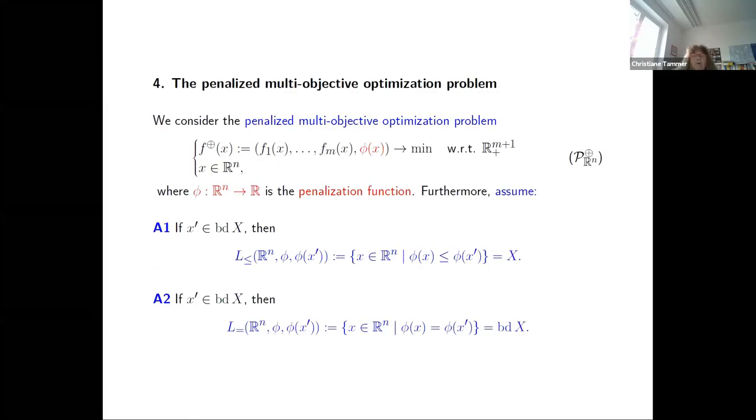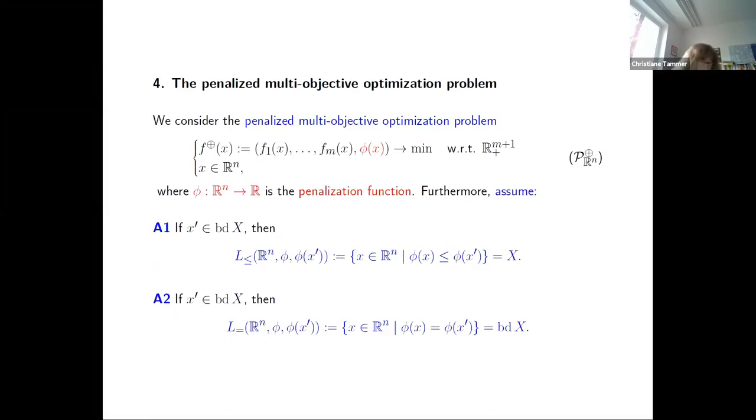So, and in order to formulate our main result, we introduce a penalization function. We add additionally to the given objective functions f1 to fm another objective function, a so-called penalization function.